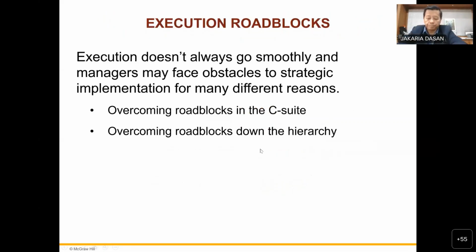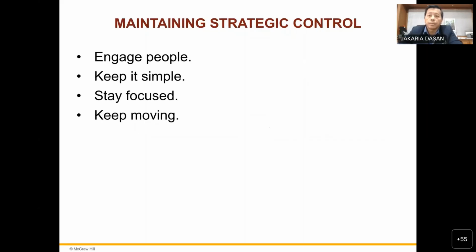Execution roadblock. Sometimes it is easy to say, it is easy to tell, but when it comes to implementation, there are a lot of bureaucracies. This is normal in organizations, especially in large firms. Roadblock.